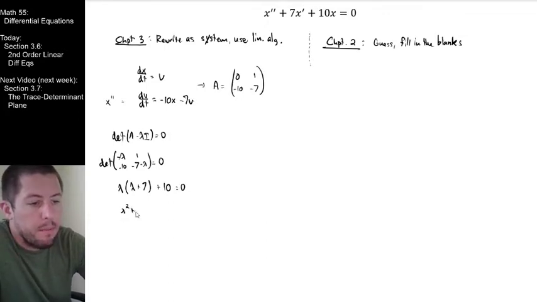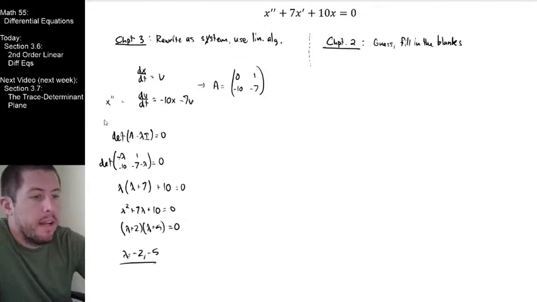That's lambda squared plus 7 lambda plus 10 equals 0. That's going to give me lambda plus 2, lambda plus 5, and we're clearly getting lambda equals negative 2 and negative 5. So step 1 is our eigenvalues, and then step 2 is our eigenvectors.